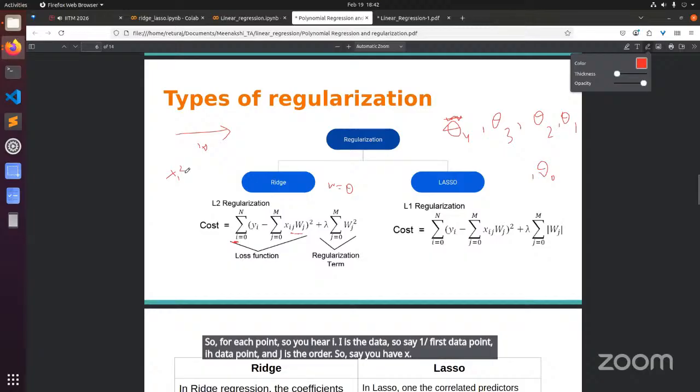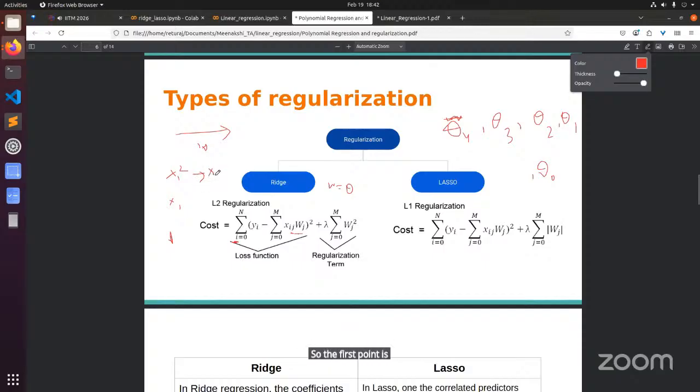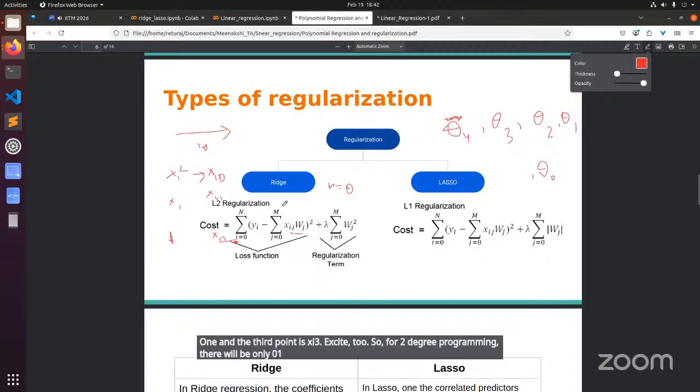Remember x squared is there, x1 is there. So the first point is xi0, since it starts from 0. The second is xi1, and the third is xi2. So for a 2-degree polynomial, there will be only 0, 1, 2, so m will be equal to 2. You can assume it's an mth degree polynomial.